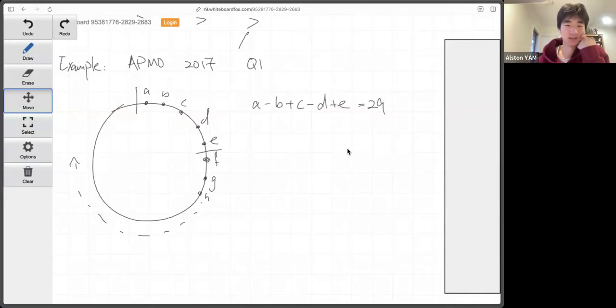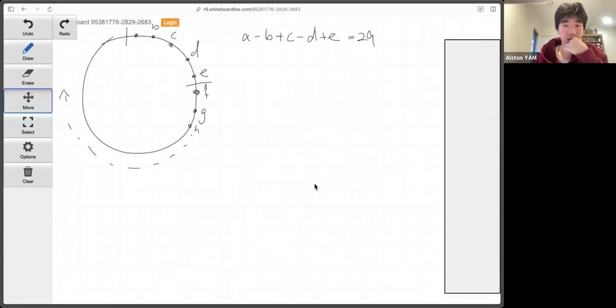That seems pretty ridiculous. So I'm going to look for the simpler arrangements of numbers. The first thing I thought about was, okay, what if all of them are 29? And that actually turns out to work, right?